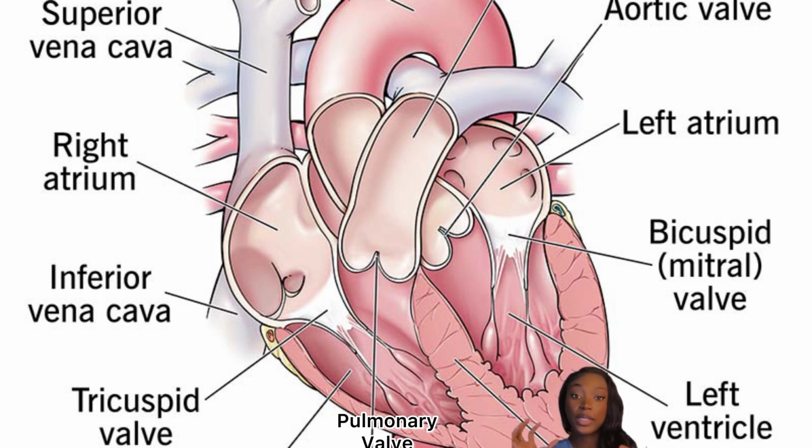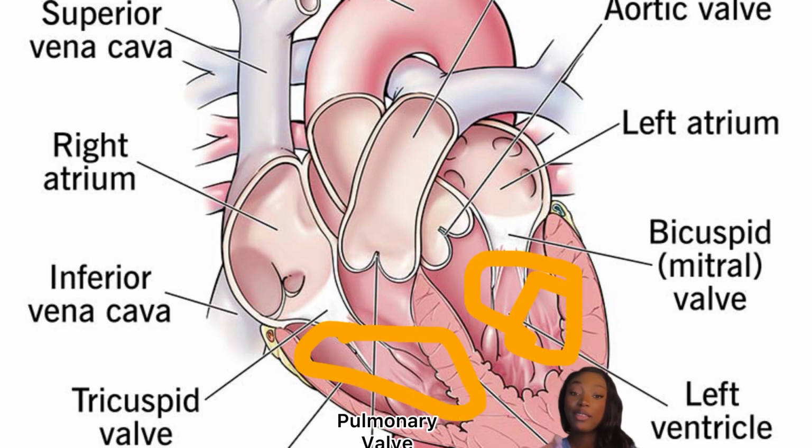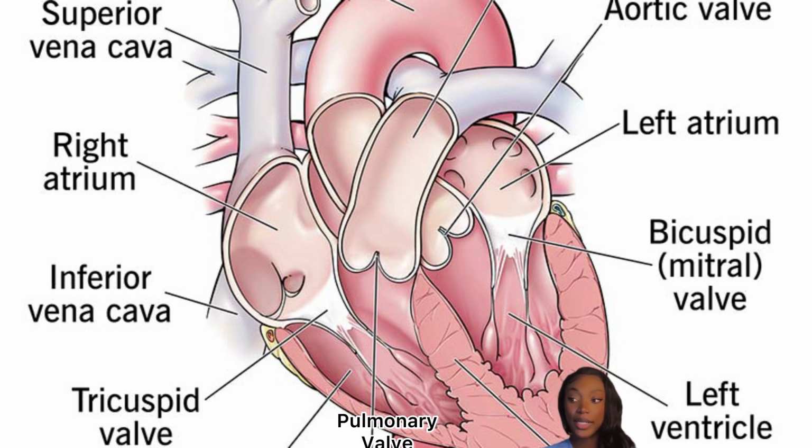They receive the blood from the body cells and make it flow so that it gets oxygenated. And then at the bottom, like I said, we have the ventricles. The ventricles are muscles that pump blood to the body. We have the right ventricle and the left ventricle, all at the bottom.